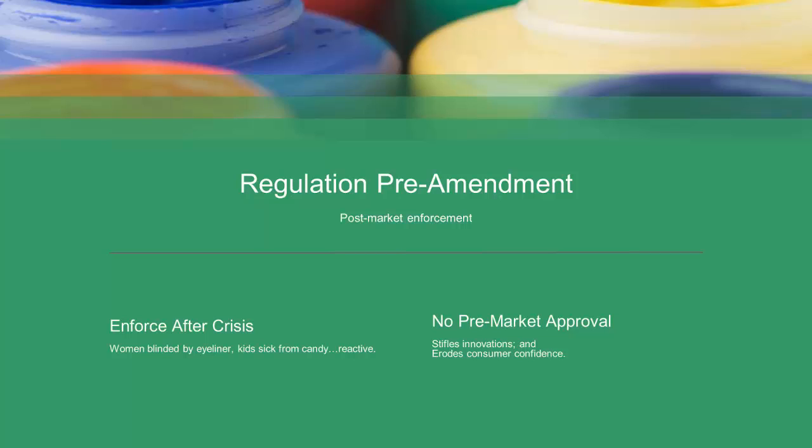And we've talked about the risks of having a heavy emphasis on post-market enforcement. It stifles innovation. You don't know if you're going to create this great new way to color your food or products, and then the FDA is going to come back later and say that it's not safe. It also completely destroys consumer confidence.